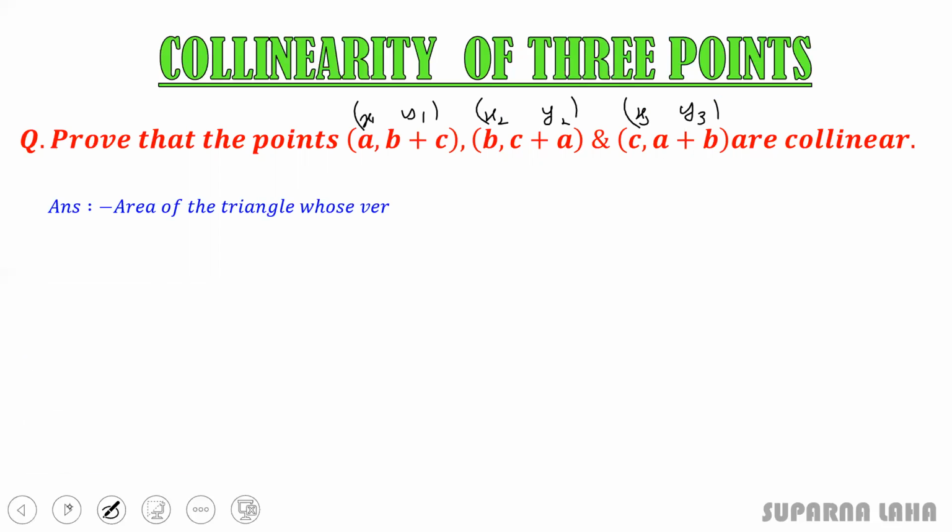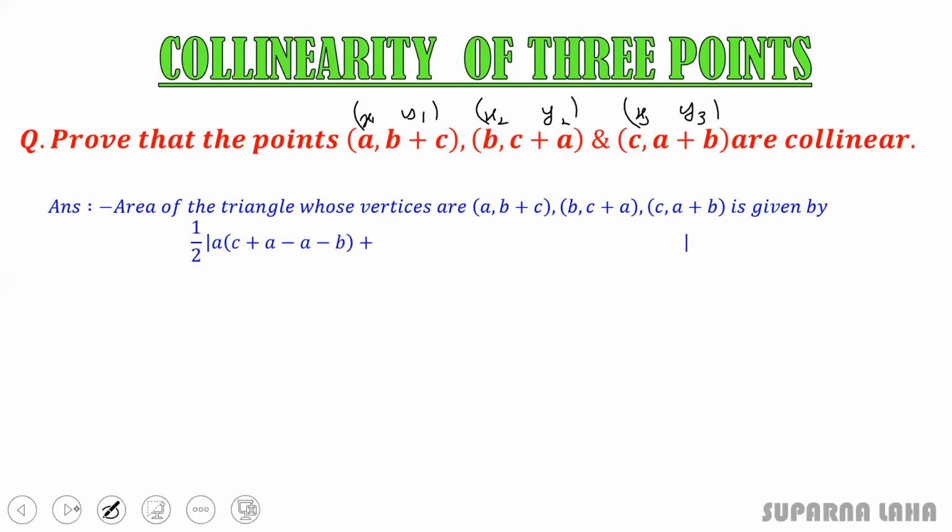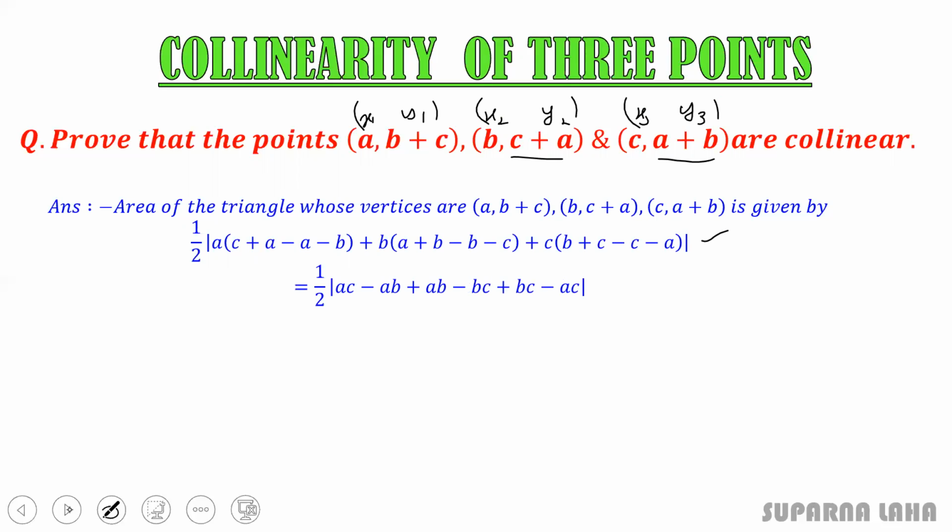Okay, so the vertices are given. Just write down the formula, that is x1, that is a into (y2 minus y3), that is (c plus a minus b). So now just write down the expression and simplify it. Half into AC minus AB plus AB, BC plus BC minus AC.